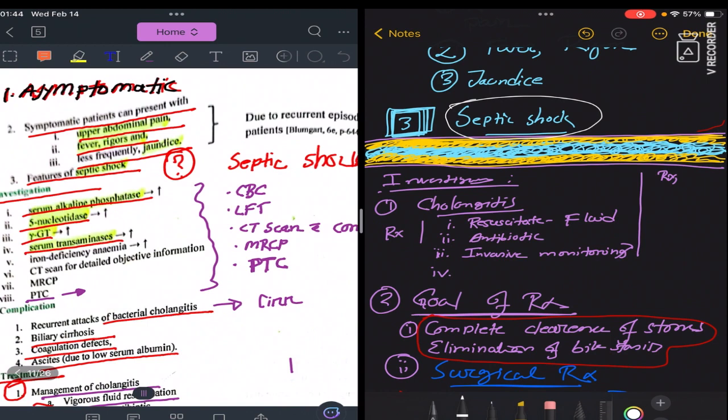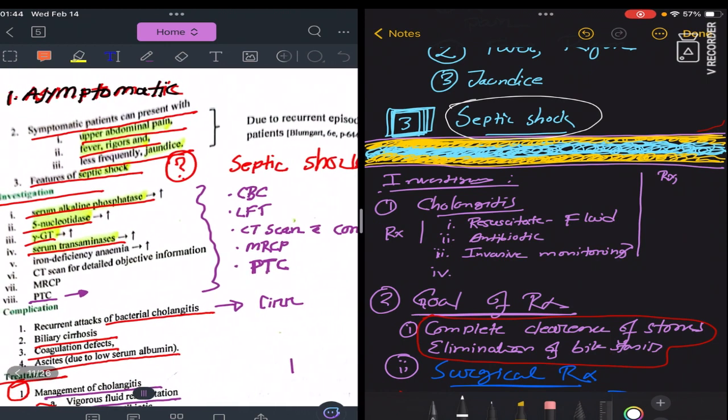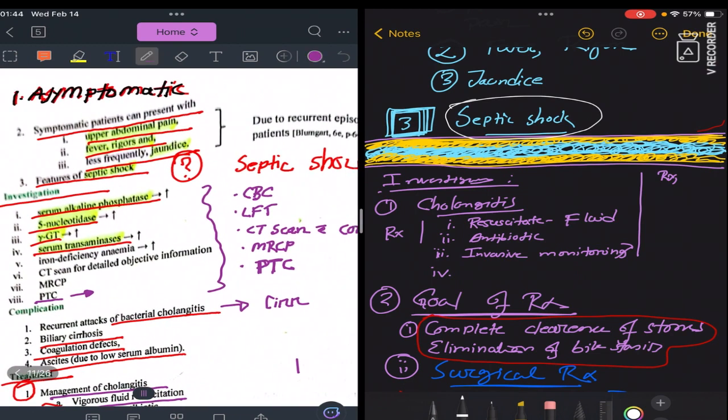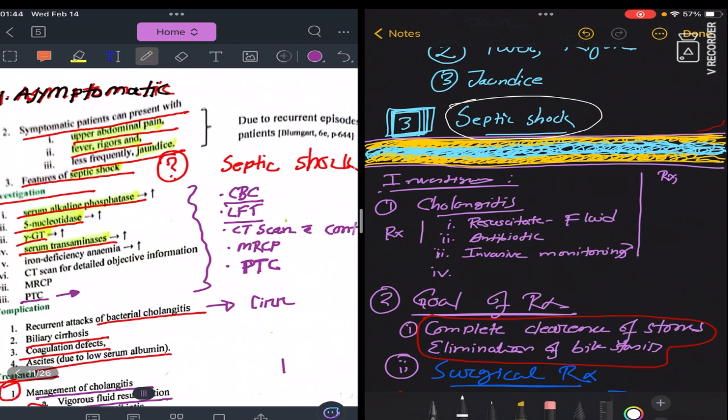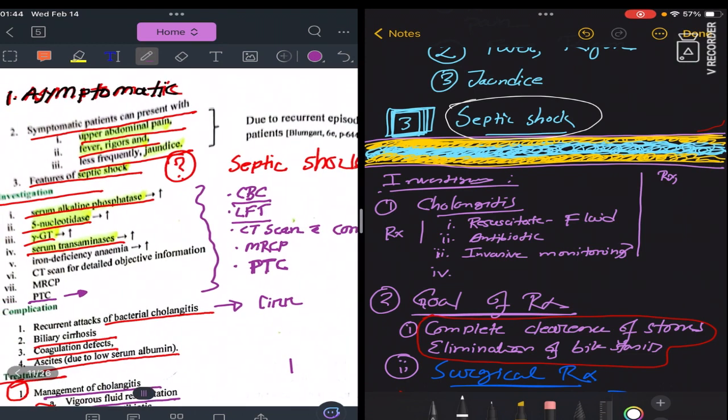If we go for the investigation, we have to do the following: CBC, liver function test, CT scan with contrast, MRCP, and percutaneous transhepatic cholangiography. In the CBC, we can see the level of hemoglobin and whether any anemia is present or not.